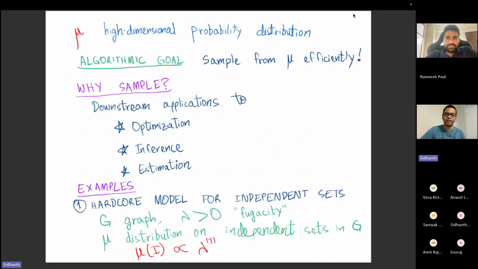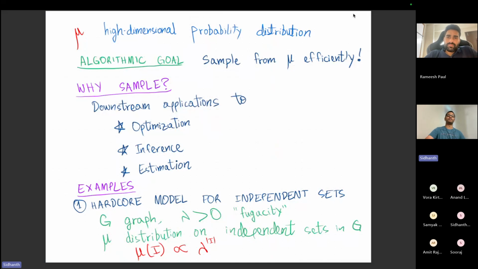The first example is what is known as the hardcore model for independent sets. You have a graph G, which you should think of as having some large number of vertices, n vertices. And then there's an associated parameter, lambda, which for physics reasons is called the fugacity.